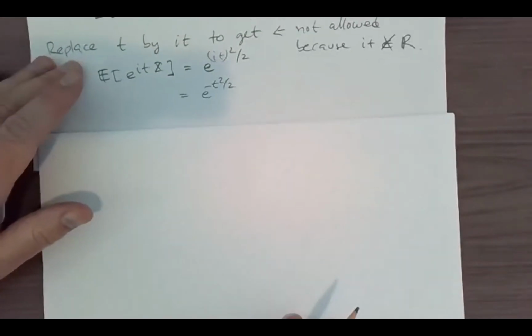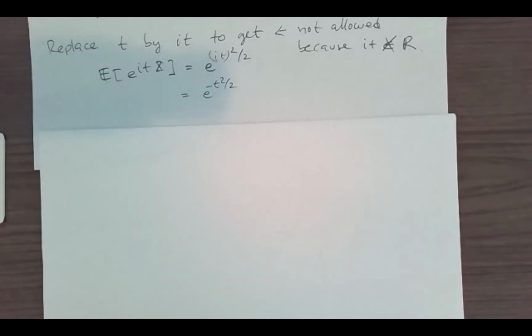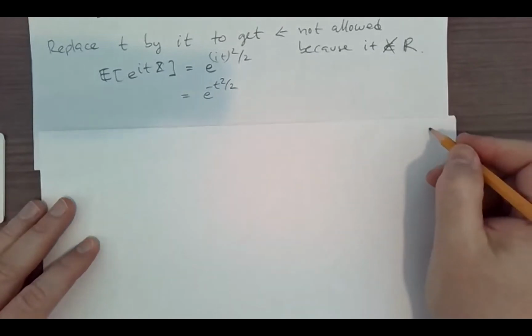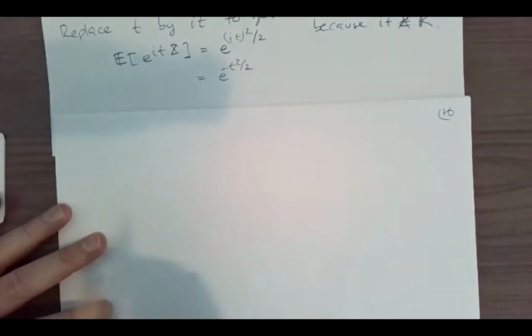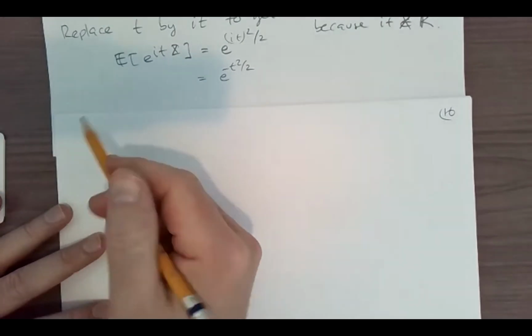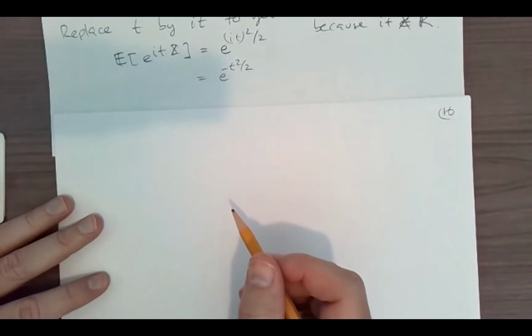So I want to start by redoing the argument using Ito's lemma. So here's an argument for how to calculate the moment generating function using Ito calculus.